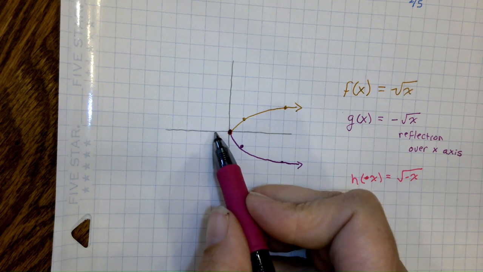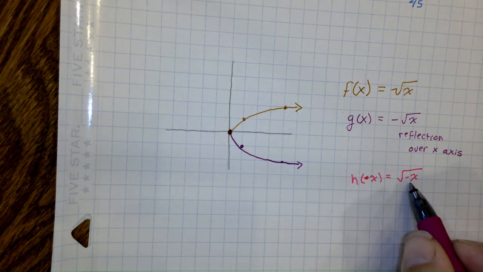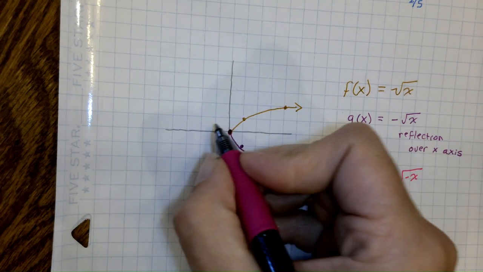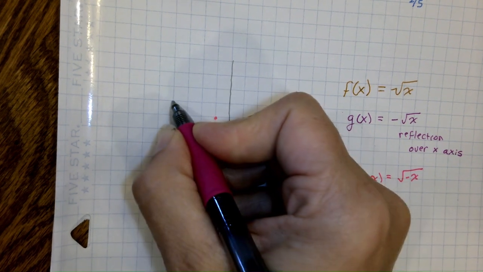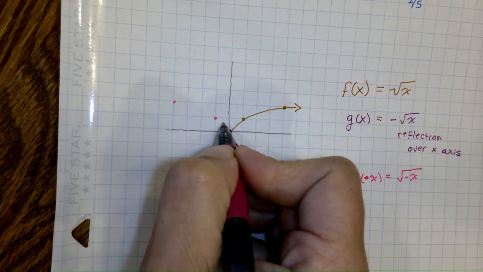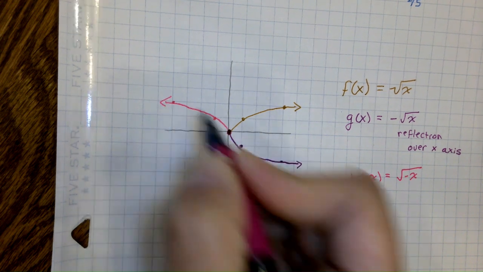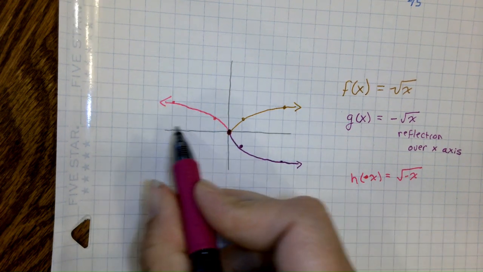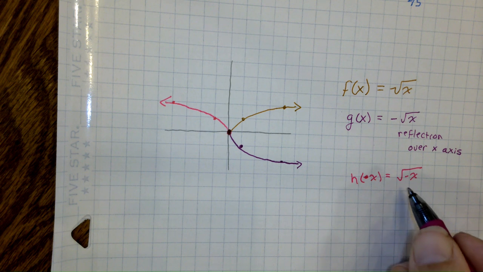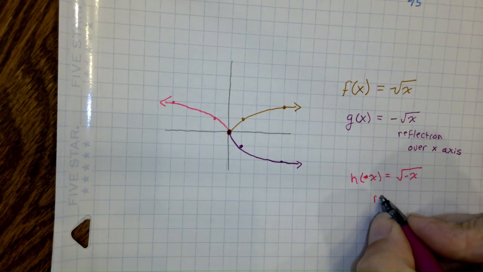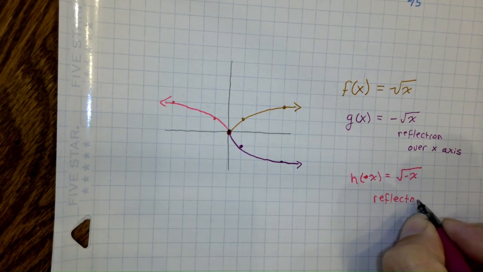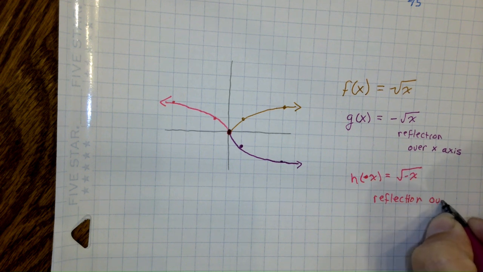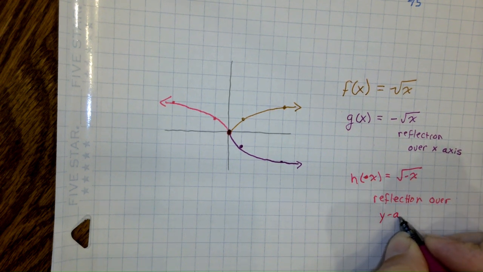But if I utilize negative 1, then I'd have double negatives, which would become positive, and then it works. Notice how that was a horizontal shift? Because it was inside. So this caused a reflection over the y-axis.